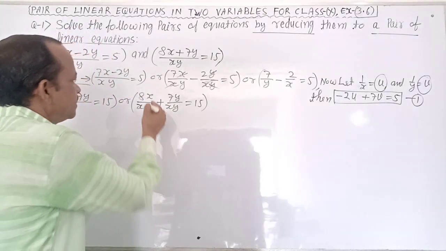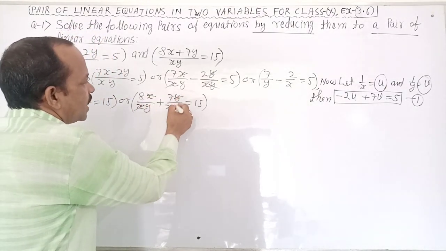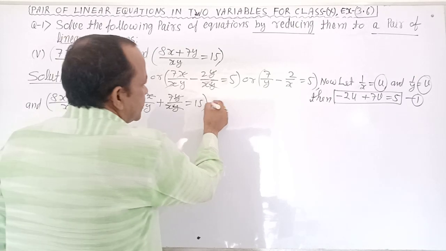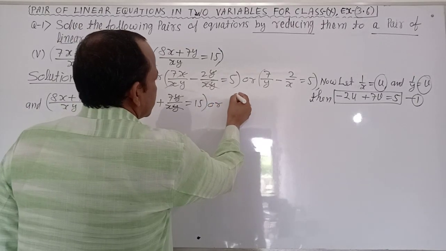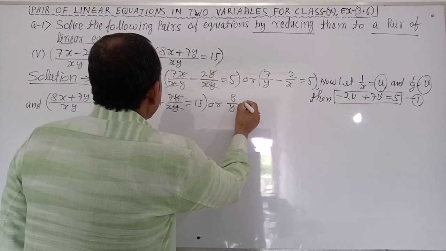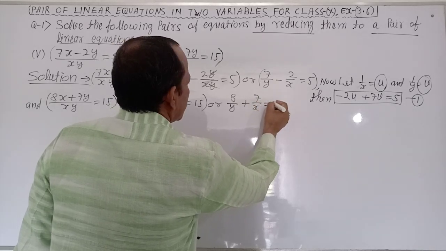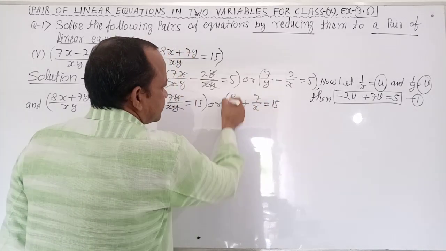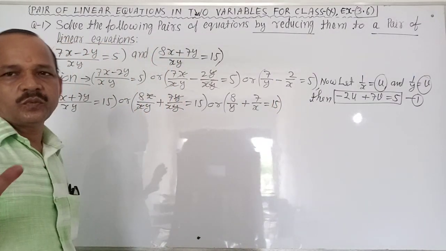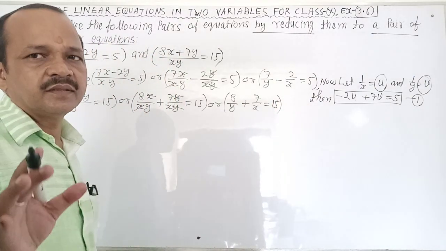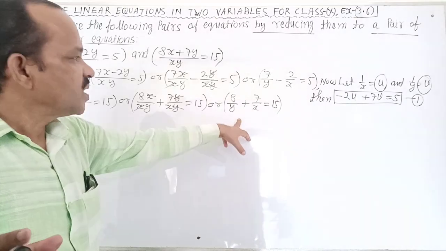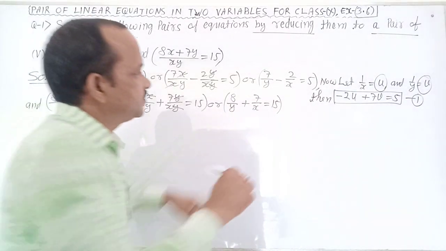Clear? Cut it, x and x, y and y. It becomes 8 by y plus 7 by x equal to 15. Equal to 15. It is clear? You can write it.